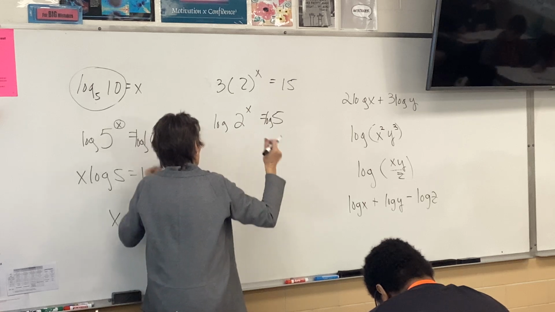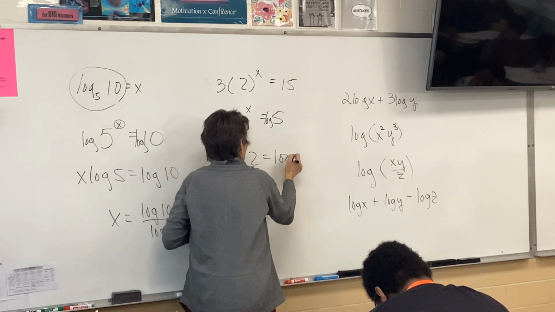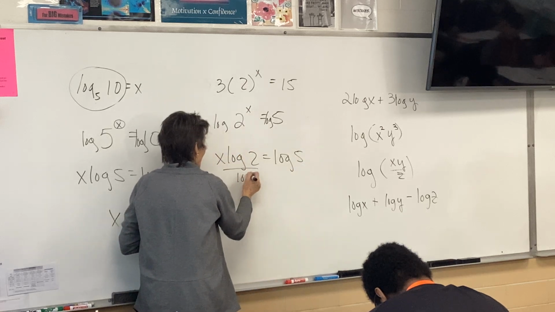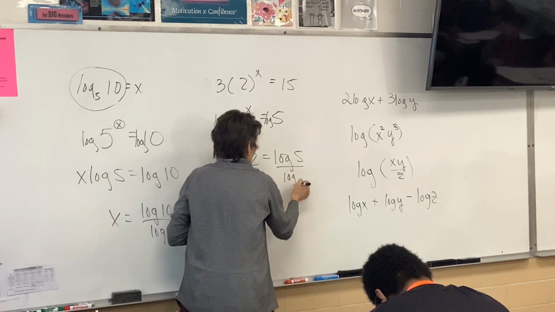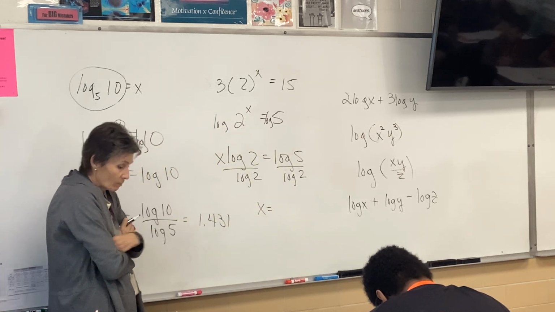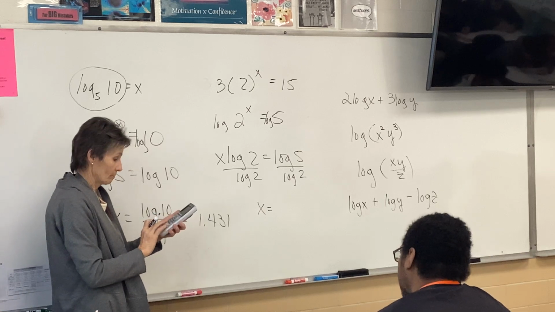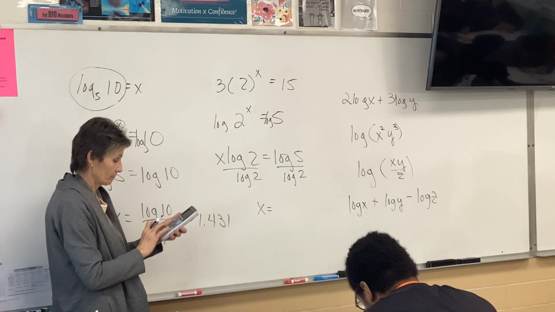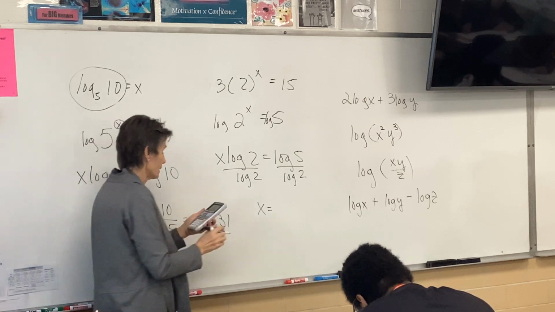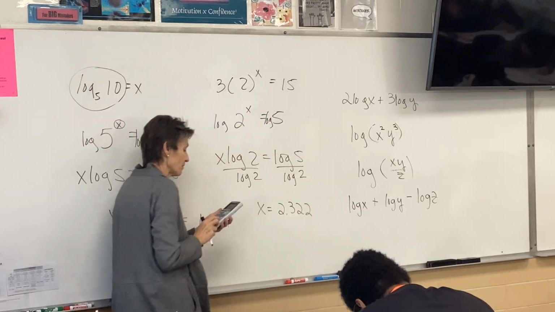That is what we love doing. We bring that x out because now all I have to do is divide. So go to my calculator. .322 if I'm rounding to the 1,000th.